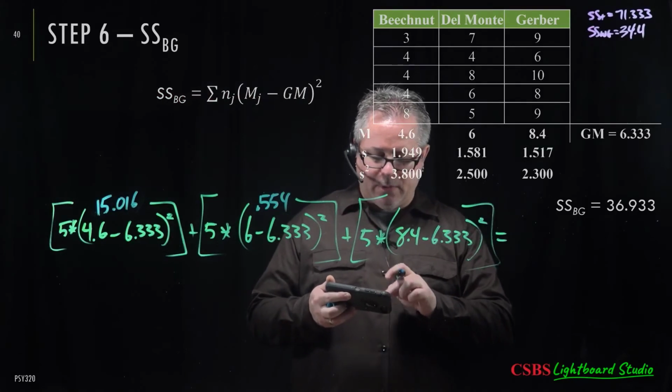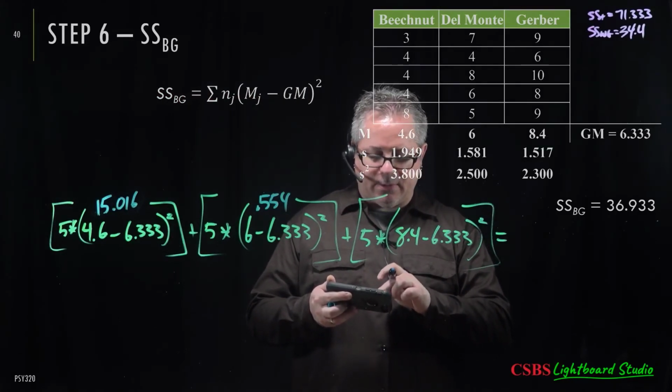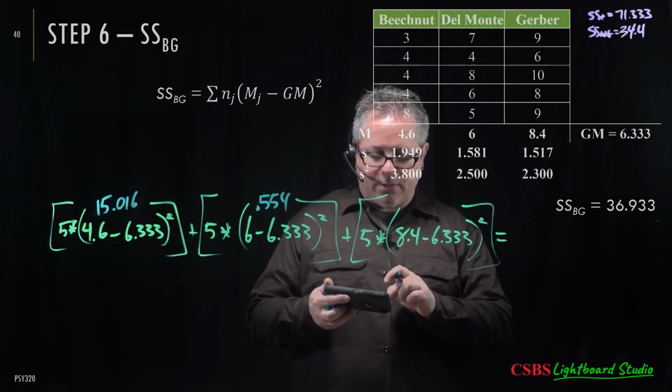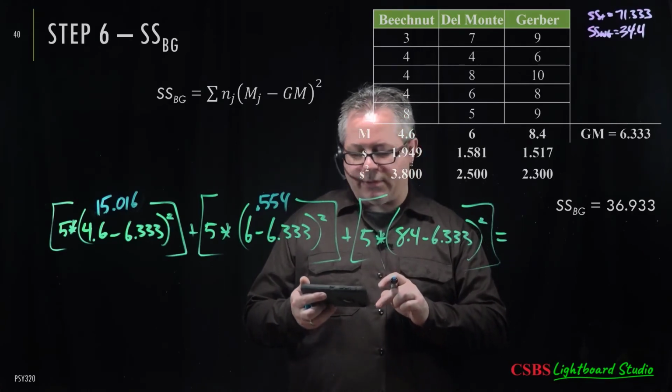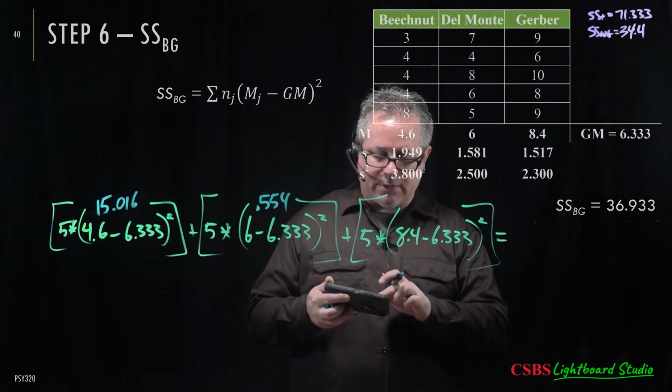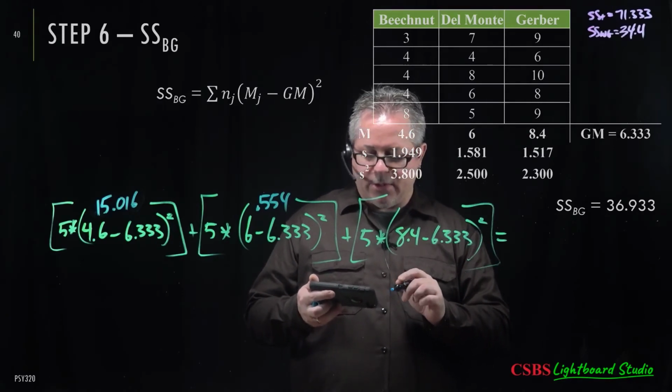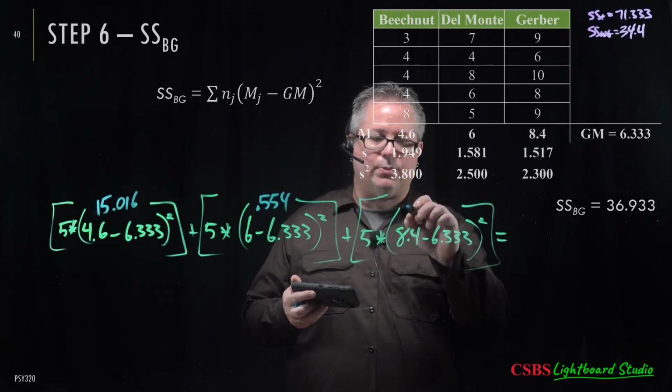8.4 minus 6.333 equals 2.067 squared is 4.272489 times 5 equals 21.362.